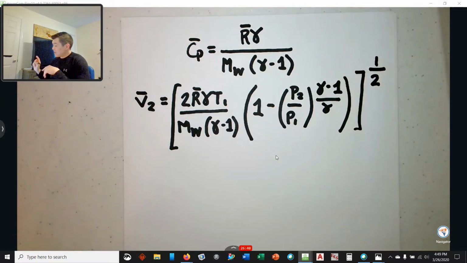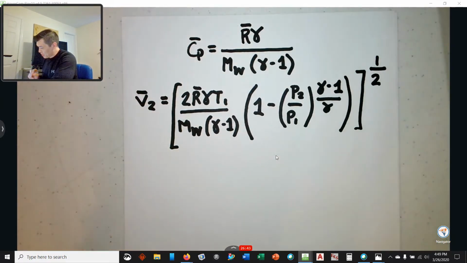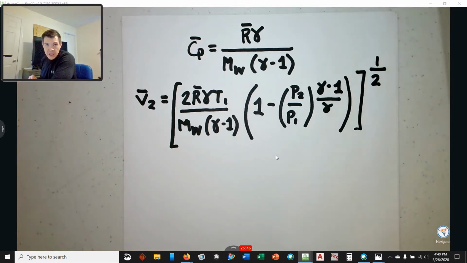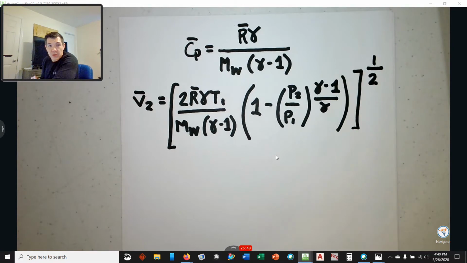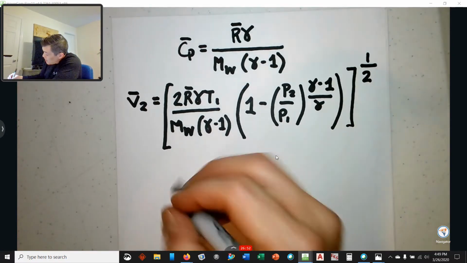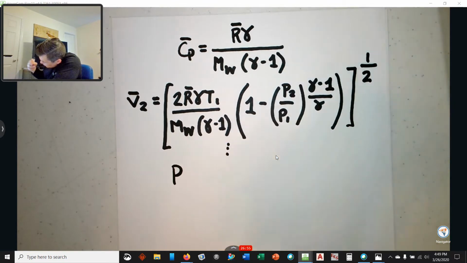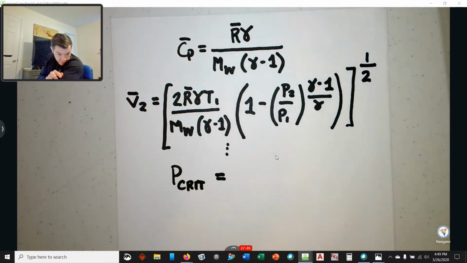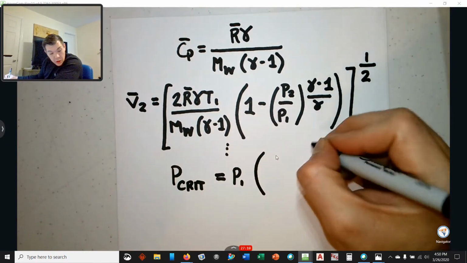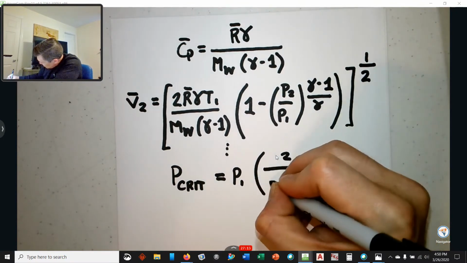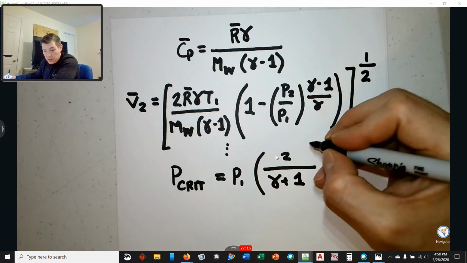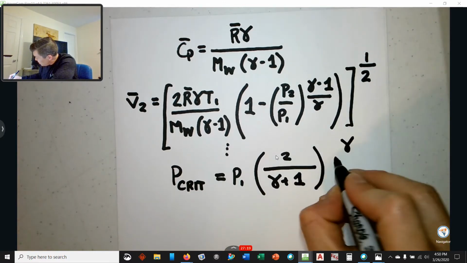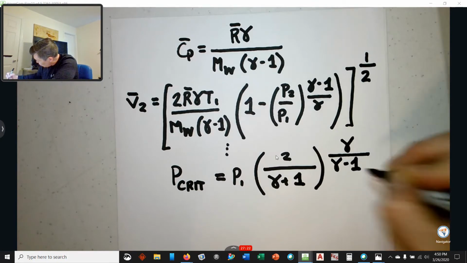I'm going to give you the expression for the critical pressure. It's quite a bit of legwork. There is a decent amount of derivation in the notes, once again. Once we find this critical pressure, it is going to equal the tank pressure, the reservoir pressure, times 2 over gamma plus 1, all to the gamma over gamma minus 1.